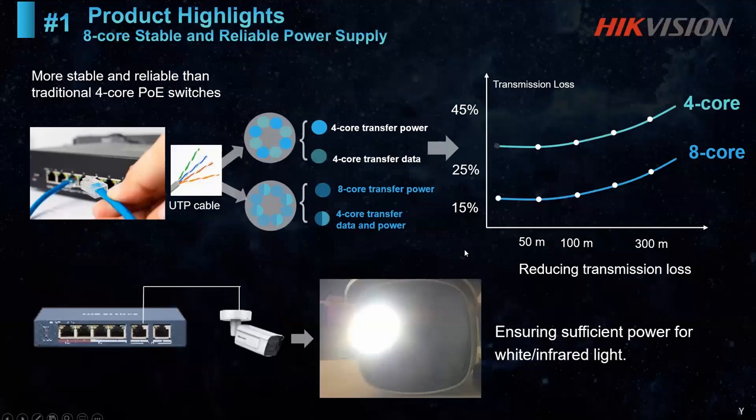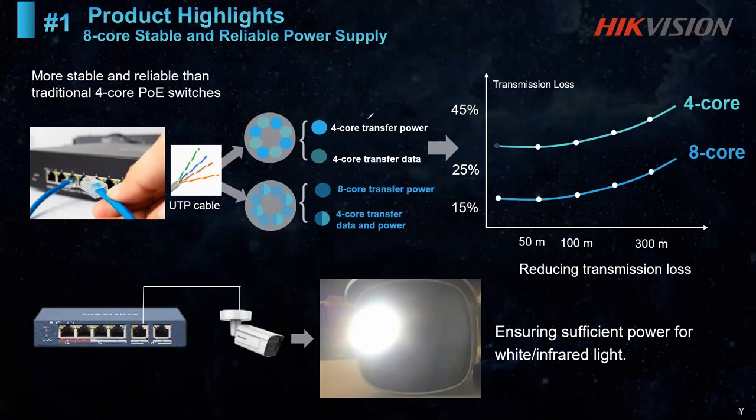And going forward, we have also a mechanism to deliver the reliable power supply. Now, as you all know, if you take a standard UTP cable, you will see 4 pairs of wires. Normally, for the data transmission, we will be using only 2 pairs, and for the PoE, we will be using another 2 pairs.